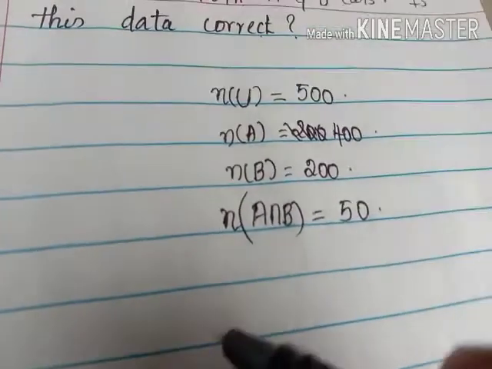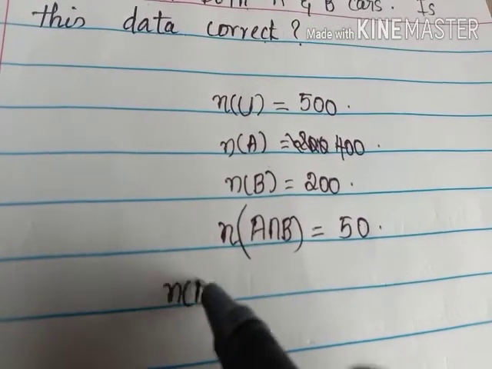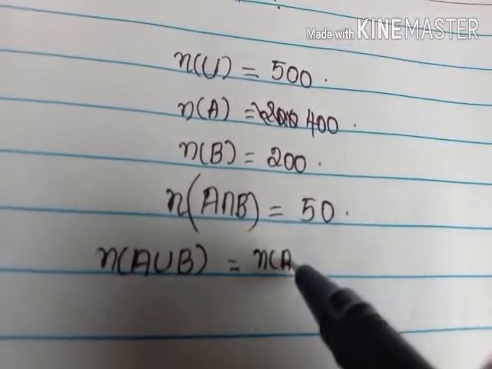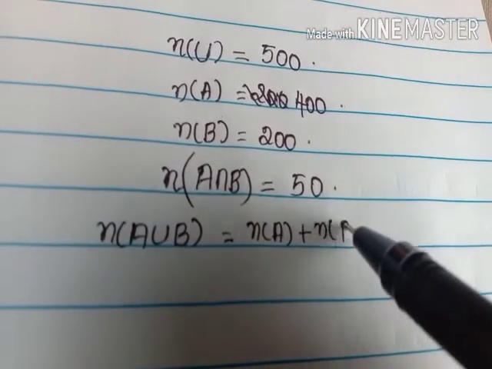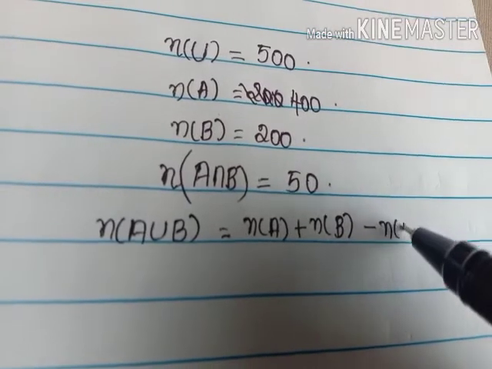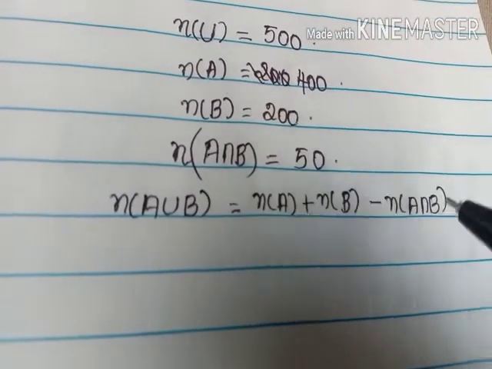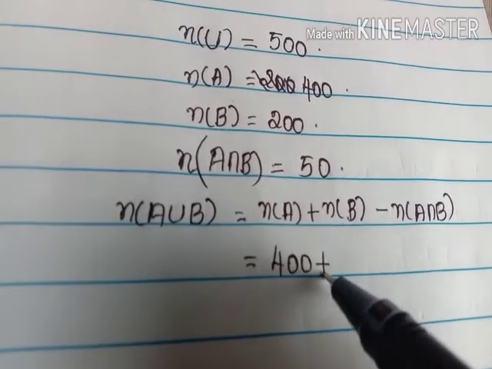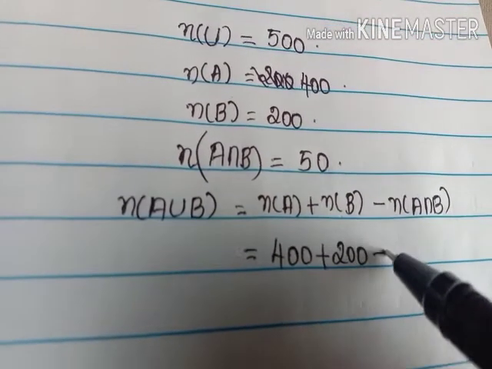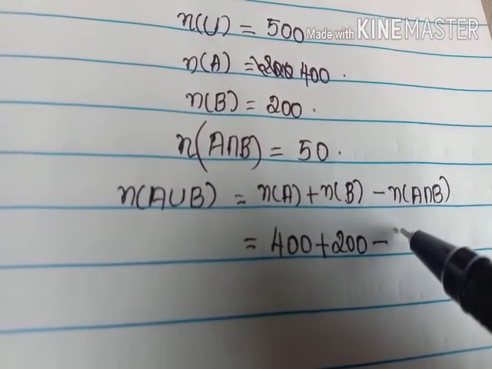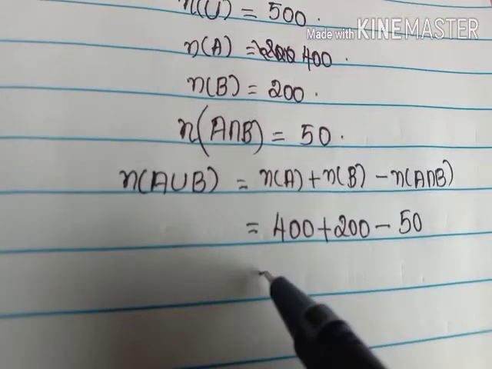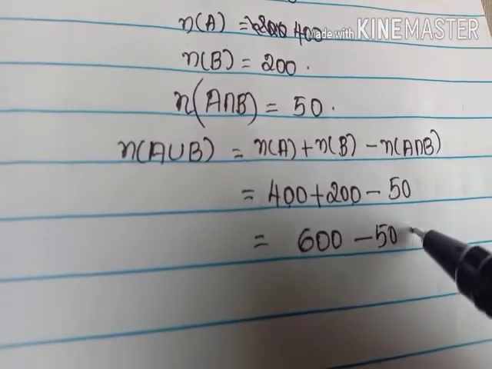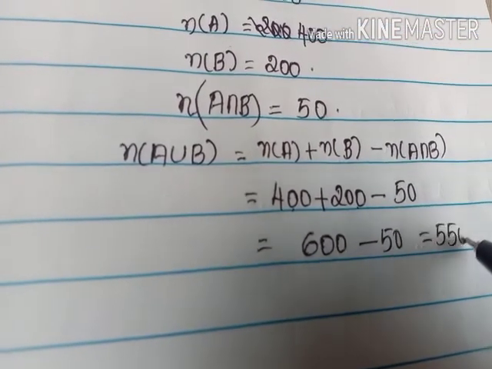Now find n of A union B. By the cardinality theorem, n of A union B is n of A plus n of B minus n of A intersection B. Replace all the values here: n of A 400, n of B 200, n of A intersection B 50. 400 plus 200, 600 minus 50, that is 550.